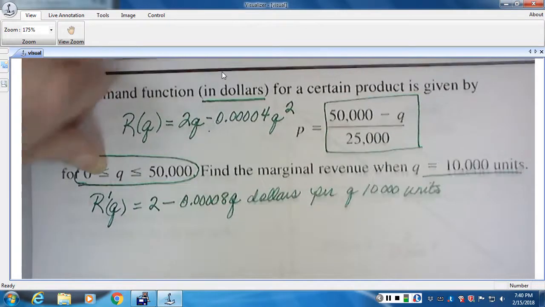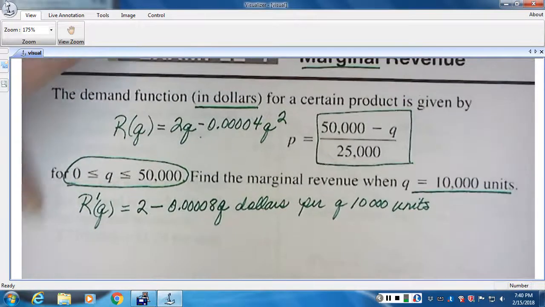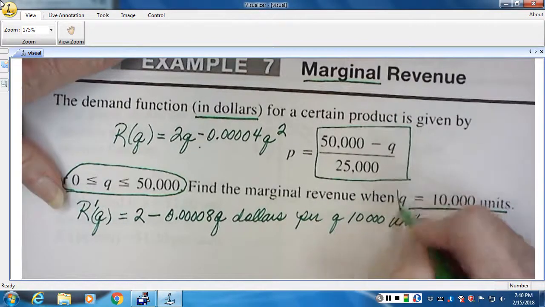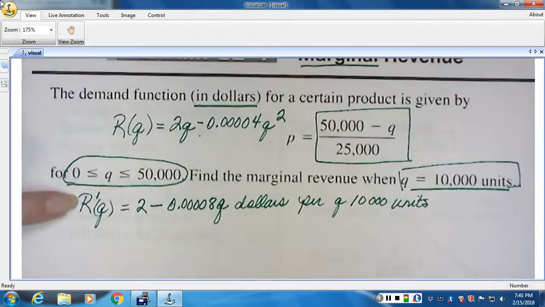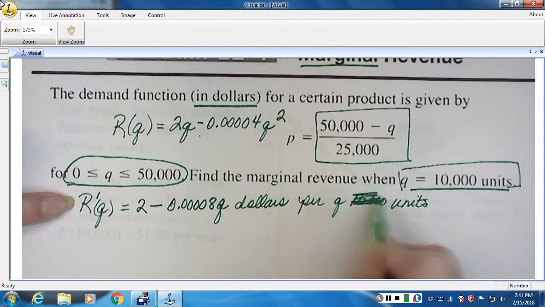Oh, when Q equals 10,000 units. Okay. Sorry, I totally overlooked the word when. Thank you. So that means we're going to plug in 10,000. I kept referring to that as per 10,000 units, but Q actually represents units, not 10,000 units.